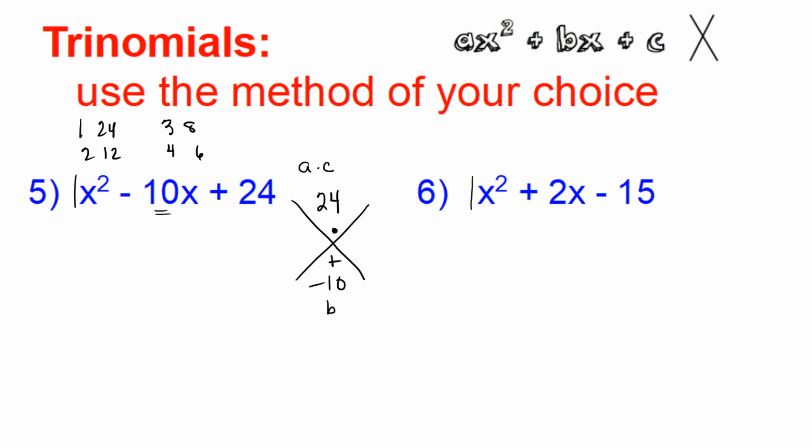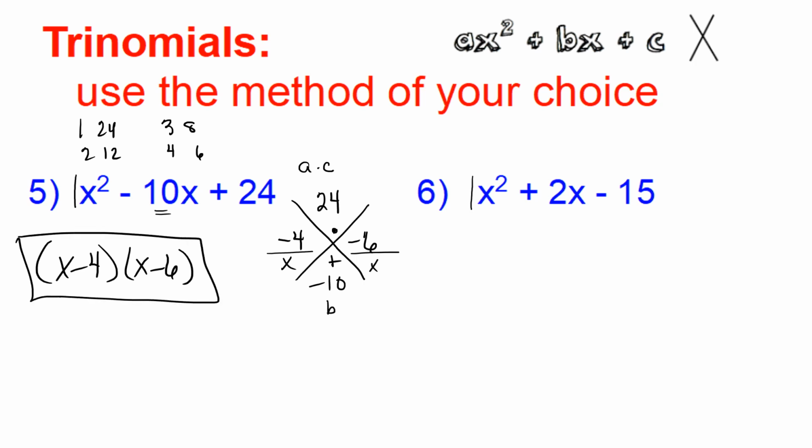Since we're multiplying to a positive value, they both have to be positive or both have to be negative. And hopefully you recognize negative 4 and negative 6 have a sum of negative 10 and a product of positive 24. If you want to see the full gamut of this, you would put the little first term underneath and look to see if they simplify, and they don't. So your factors are x minus 4 and x minus 6.